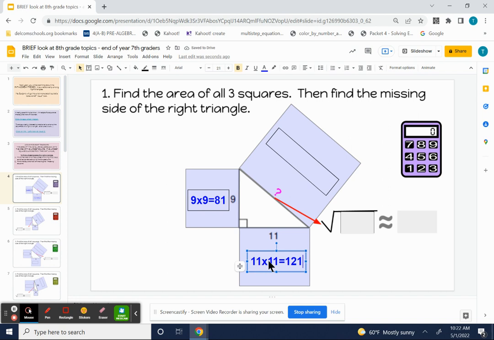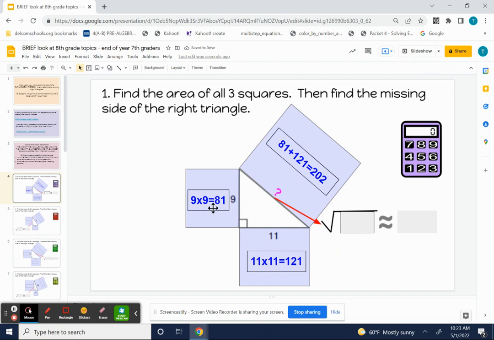Now the Pythagorean theorem tells us that these 2 small squares add up to this big square. So this big square area, I could find it by taking 81 plus 121. What is that? 202, I believe. So we're almost done.